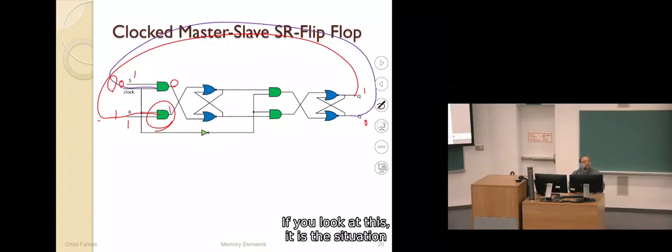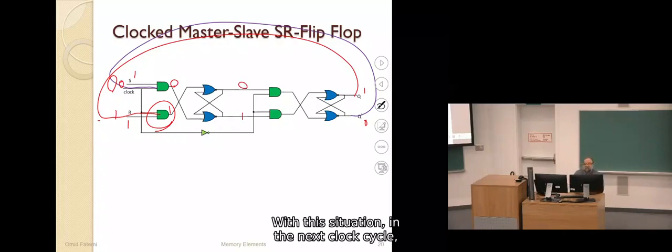So if you look at this, it is the situation of R as 1, S as 0 now. What does it do? It resets. So we will have a 0 here and 1 here with this situation.